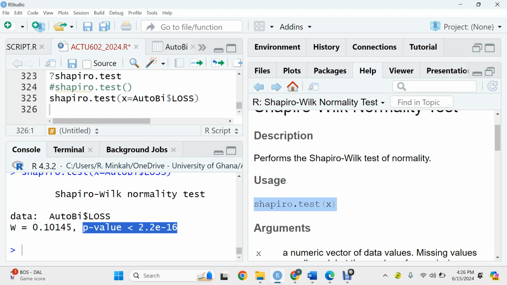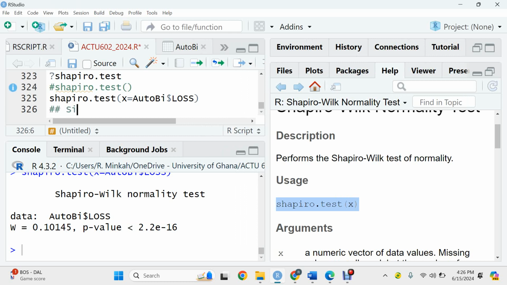Okay. So this one, we reject the null hypothesis. So in the Shapiro test, H0 is that the data is normal. Okay, so this, close to 0, we reject it outright. It is not normal.